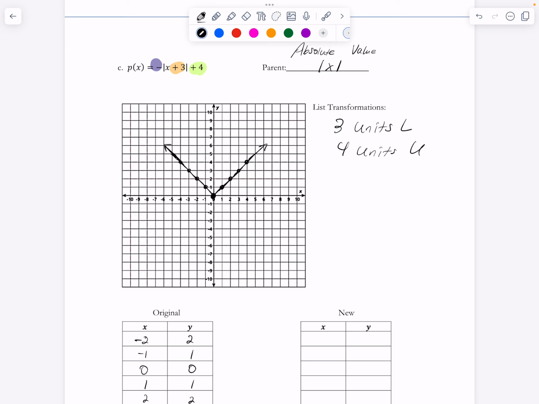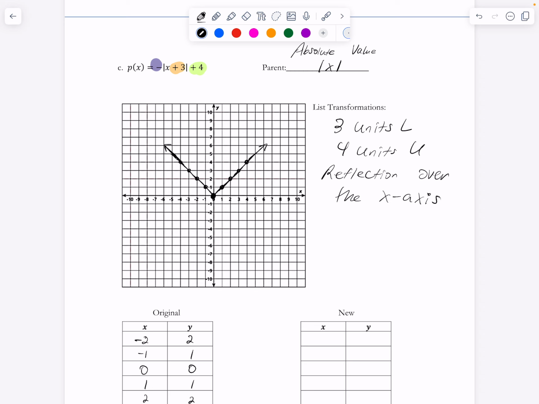When you have that negative sign in front of the beginning of it, it's not the opposite of the whole thing. It's just that absolute value. This is going to be a reflection over the x-axis. So essentially my v is going to turn into an upside down v, or like an A without the line that makes it an A. All right.